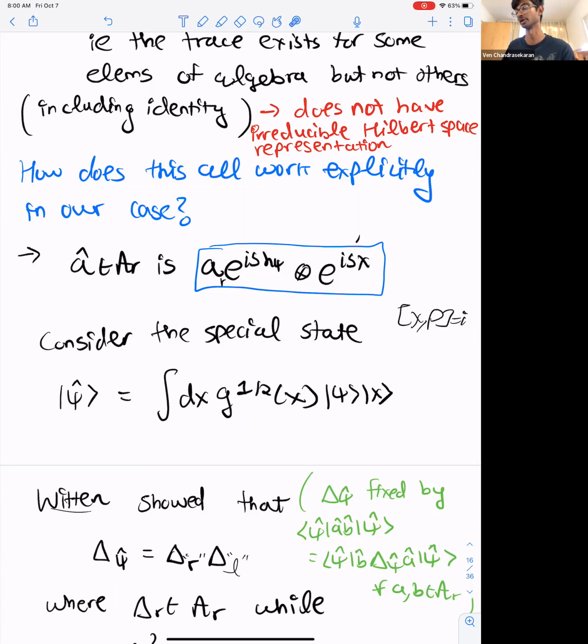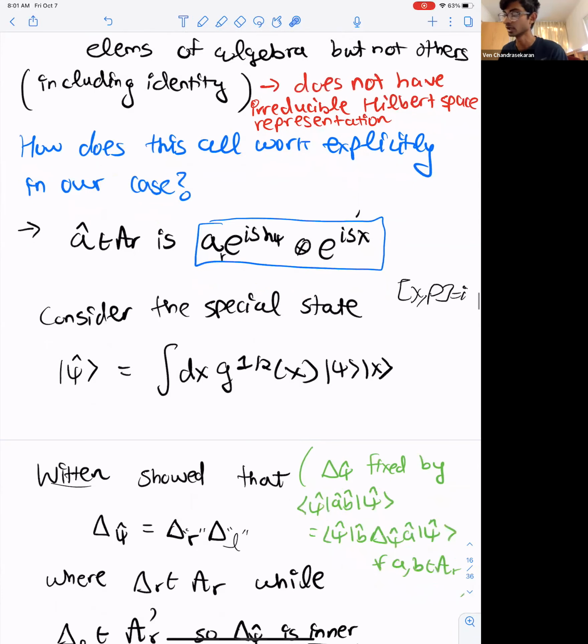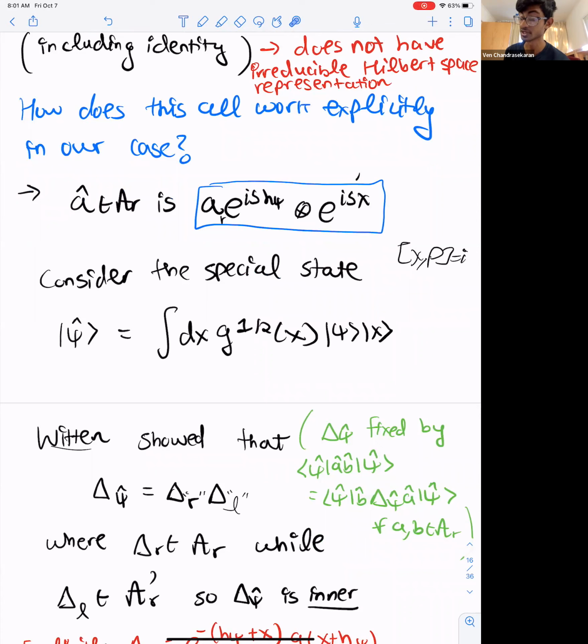And then a generic operator will be some integral over S of this with some function, it doesn't matter. I've been considering the thermofield double state this whole time, and there's an avatar of the thermofield double state in the cross product Hilbert space. So I'm going to take the thermofield double state, and I'm going to tack onto it a state in the L2 of R Hilbert space in the cross product.